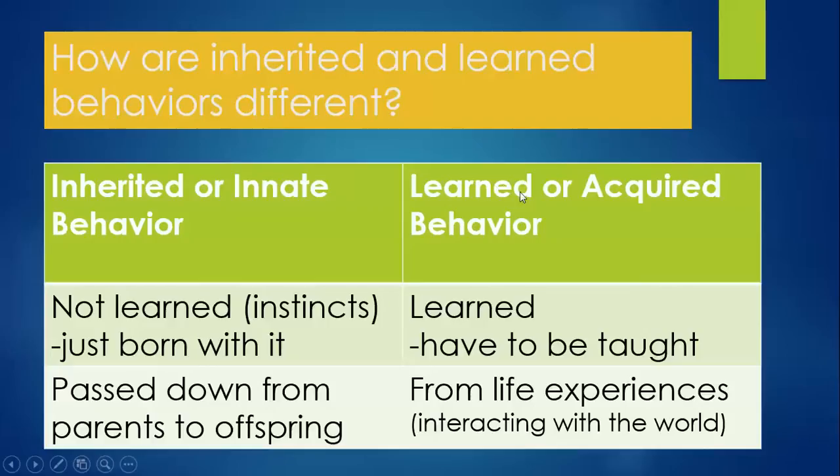However, learned or acquired behavior must be learned or taught. Also, inherited or innate behavior is passed down from parents to offspring, whereas learned or acquired behavior is basically skills or actions learned from life experiences, interacting with the world.